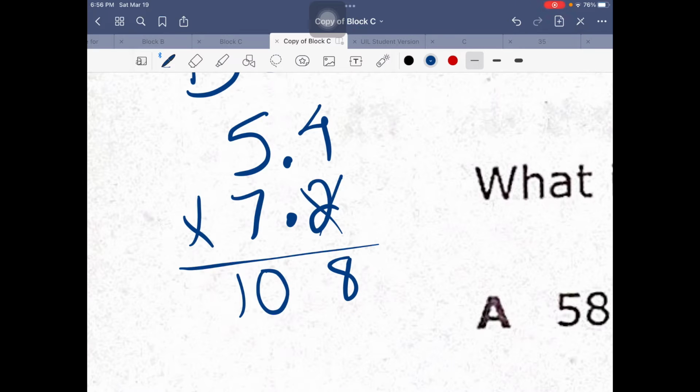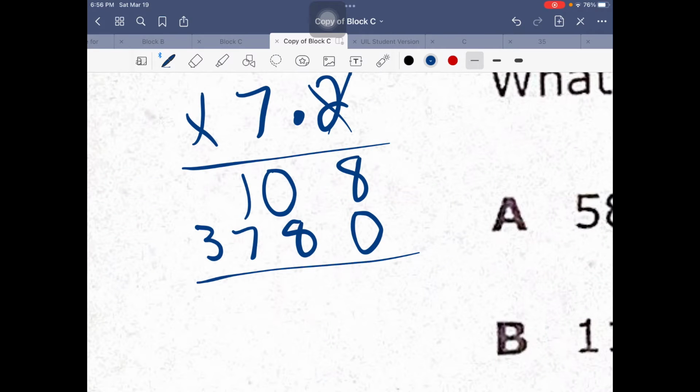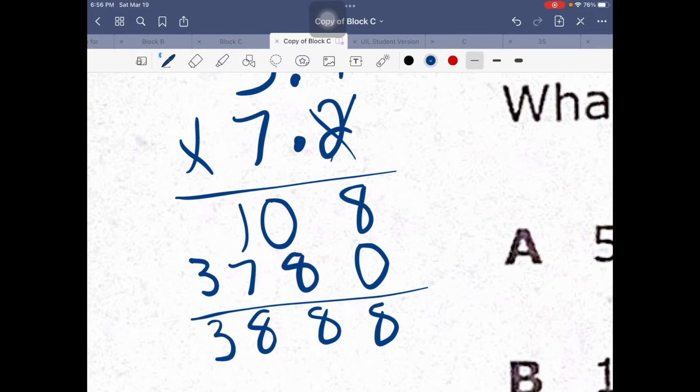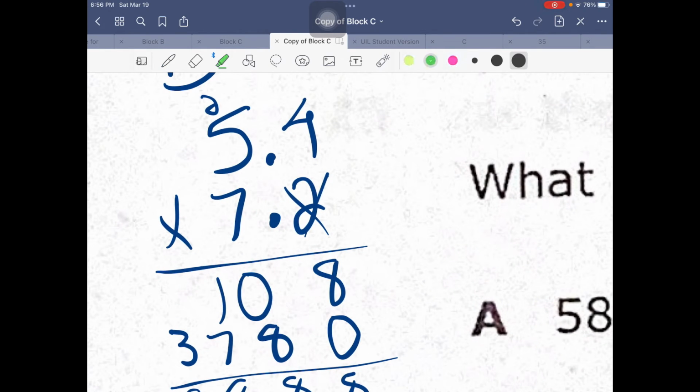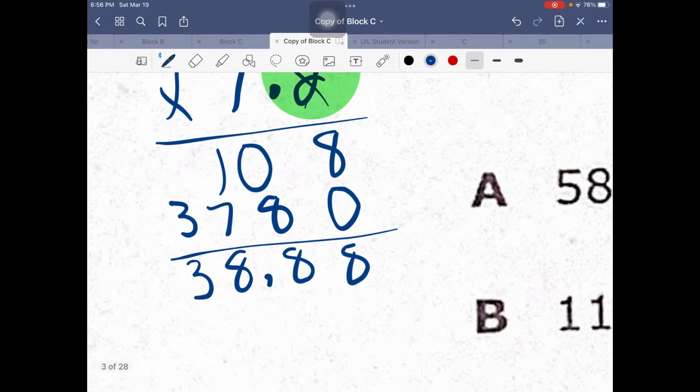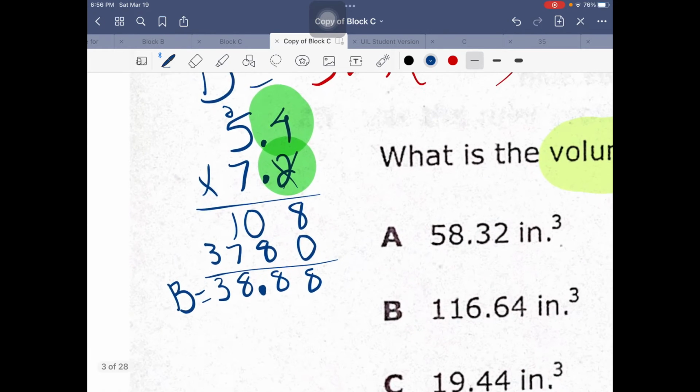We're done with 2. 1x means 1 0. 7 times 4, 28. 7 times 5, 35 plus 2, 37. 8 plus 0, 8. 0 plus 8, 8. 1 plus 7, 8. And then 3, you bring it down. How many decimal places do I have? 1 and a 2. So that means right here. So your big B is equal to 38.88.